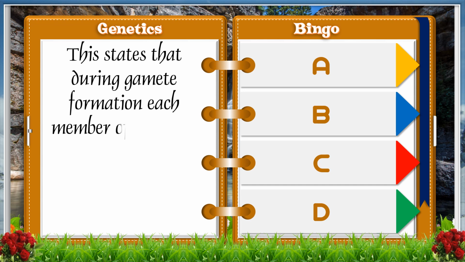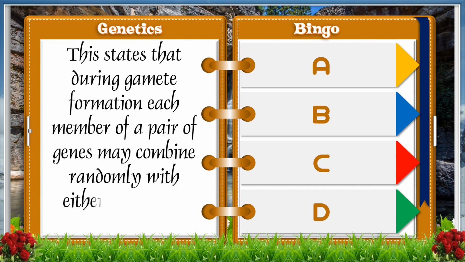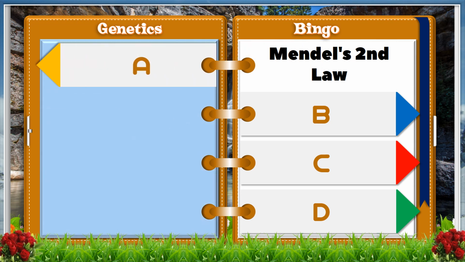This states that during gamete formation, each member of a pair of genes may combine randomly with either of another pair. A. Mendel's second law.